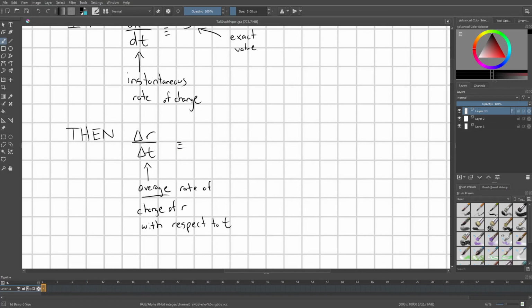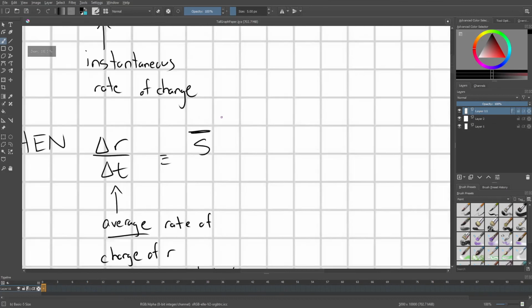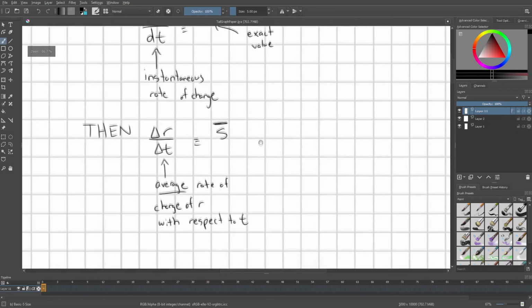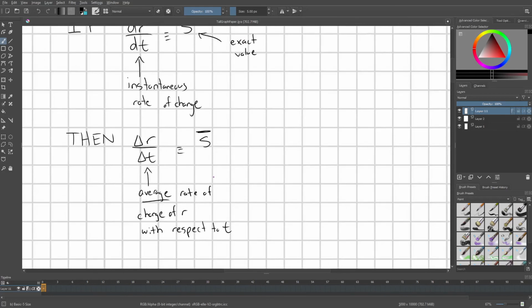This would be defined as s with a bar over it. Just a straight bar, not to be confused with a vector symbol. So whenever there's a bar, I'm talking about a calculus definition of an average.